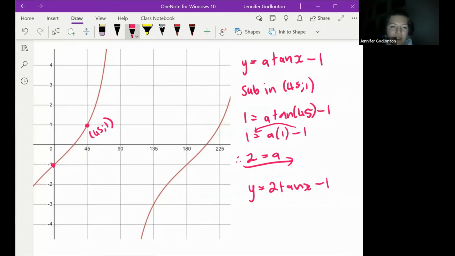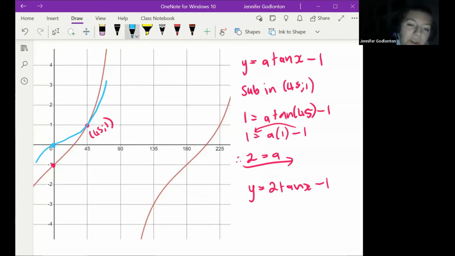Nice. Those of you who are feeling confused about the shift, please don't panic. I'm just going to draw a normal tan graph in a different color. Tan of 0 is always 0, right? That's a normal tan graph. So if this isn't at 0, it means that my graph has either shifted up or shifted down.